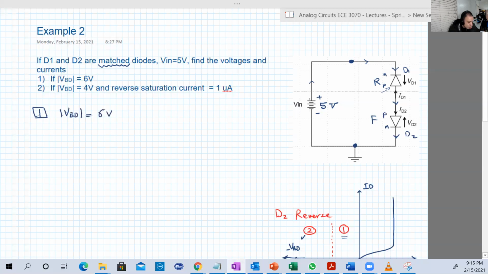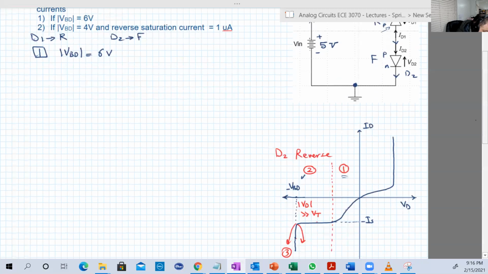We know for sure that D1 is reverse, D2 is forward, and they are identical diodes. So what are we going to do here? Let's go back and check the characteristics.